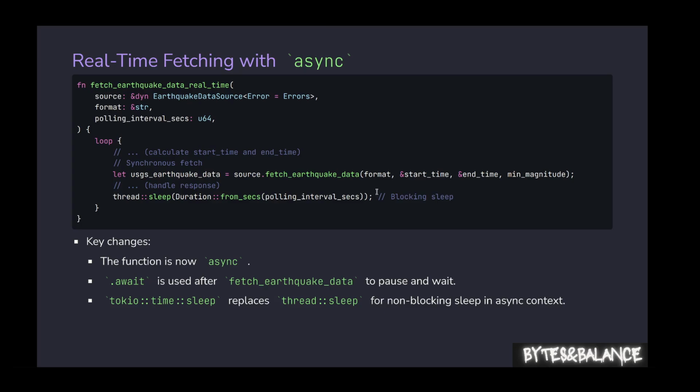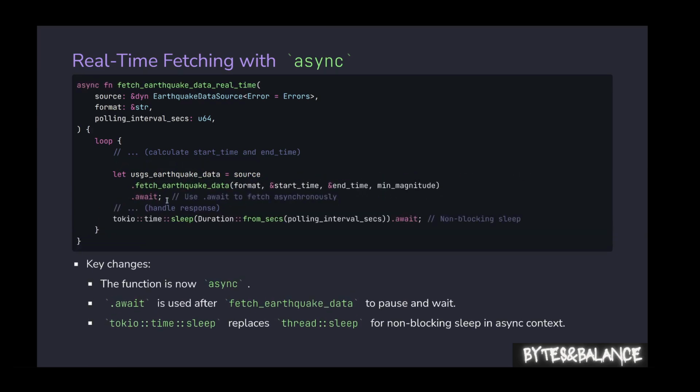And also when we sleep on the current thread for the duration of polling interval seconds, we use this part, which is the synchronous sleeping. In the next one, when we make it asynchronous, instead of using thread sleep, we use Tokio time sleep. And then we'll give it the duration.